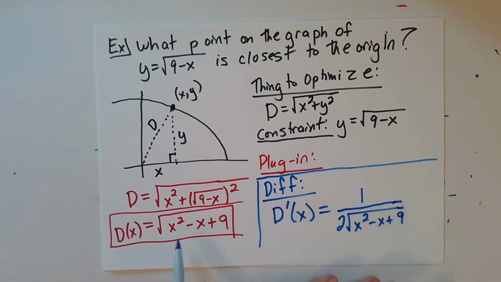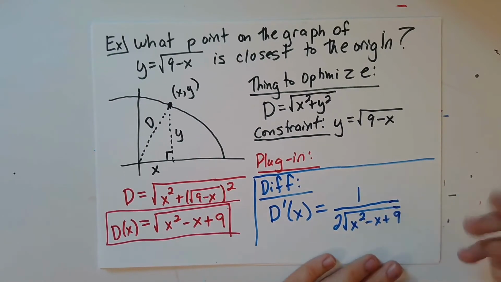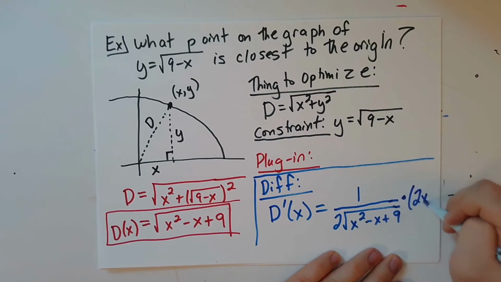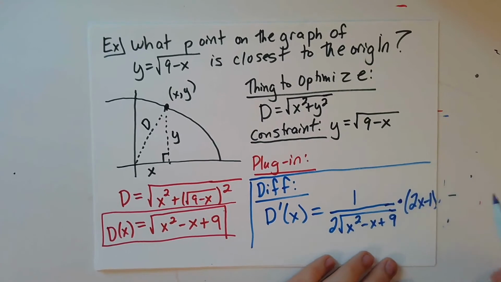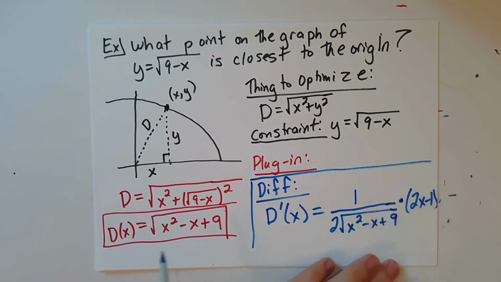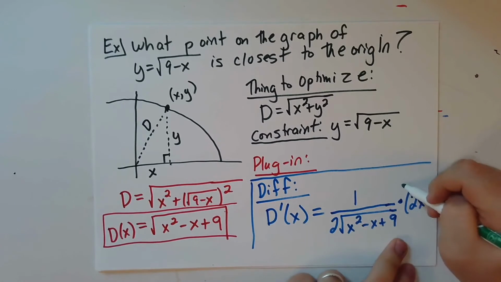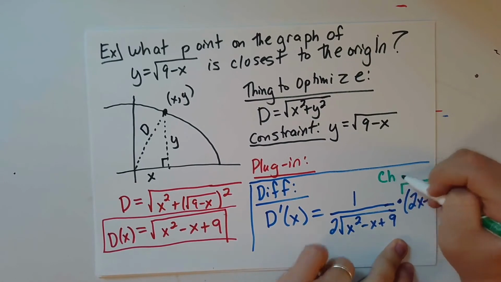But this is a function inside a function, so I need to remember to do the chain rule. So I need to multiply here by 2x minus 1. This 2x minus 1 is the derivative of x squared minus x plus 9.